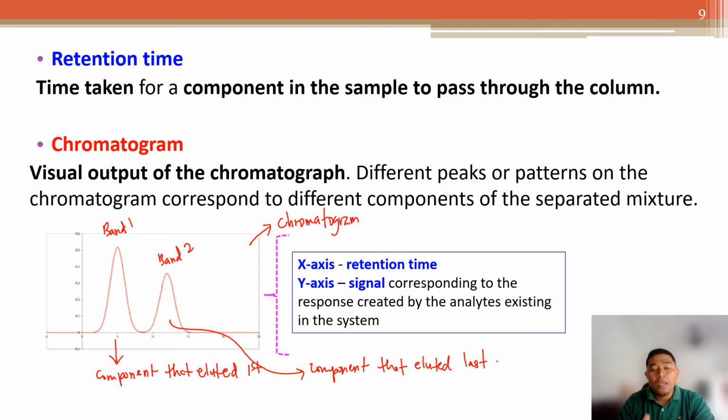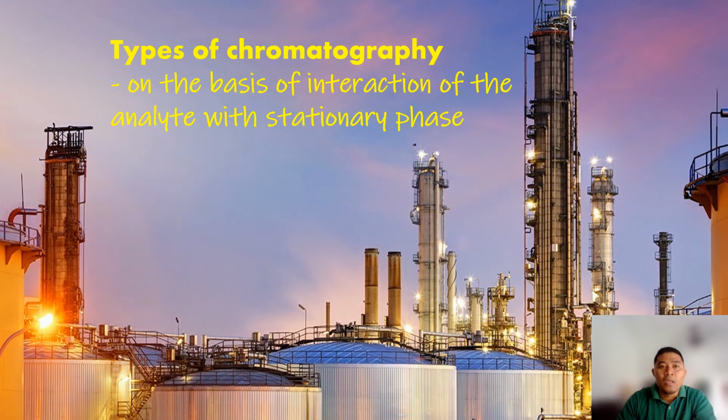So it shows that band 1 will represent component A, for example, meanwhile the second band or graph tu akan menunjukkan kepada component B, so which is really different time, so later compared to band 1. So this is known as a chromatogram. Y-axis is retention time, meanwhile x-axis is retention time. Y-axis is signal corresponding to the response created by the analytes existing in the system.